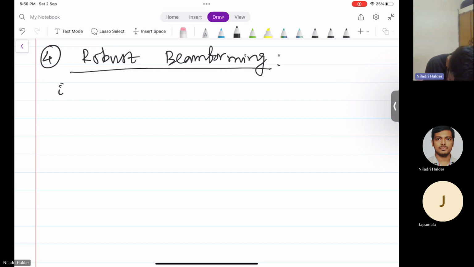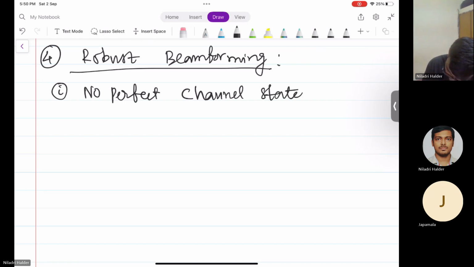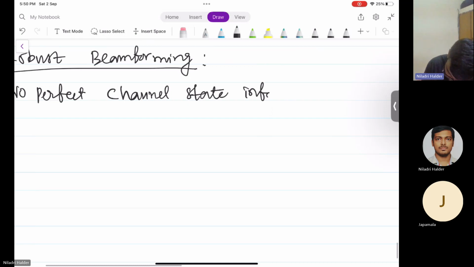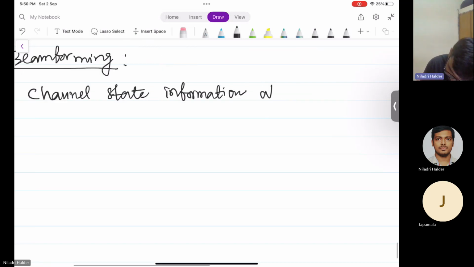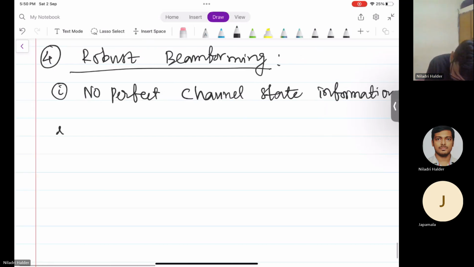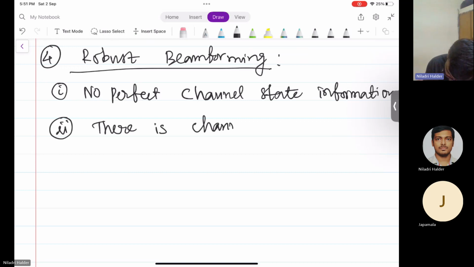The first point is no perfect channel state information at the receiver. The second one is that there is channel estimation error.